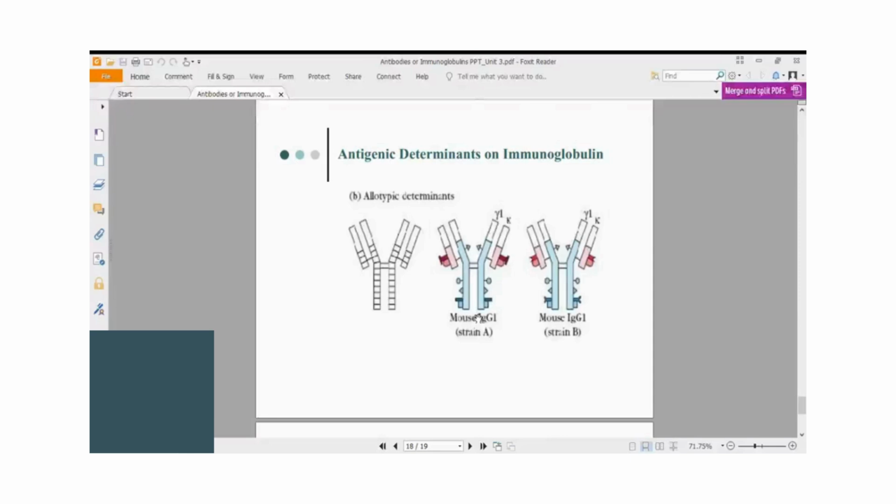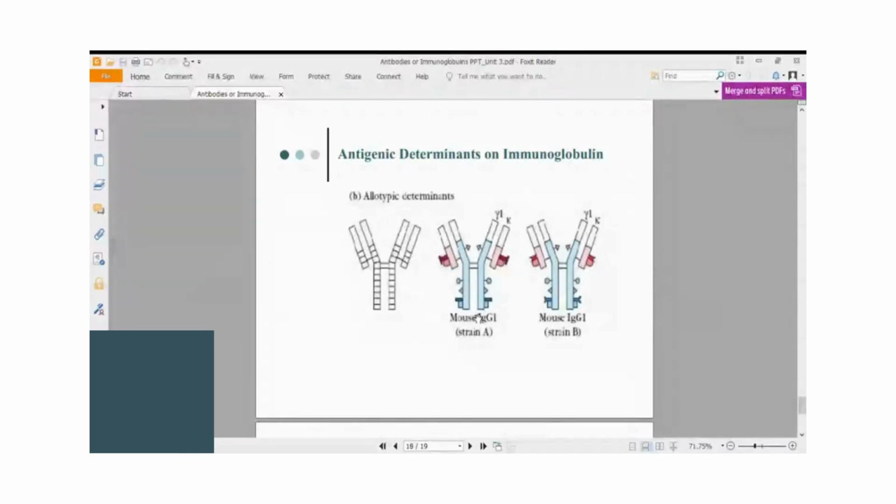And what are these minor differences? It is found that in the allotypic determinants, once again, these minor differences are there in the amino acid sequences of the subclasses of immunoglobulin in the constant region domain only.